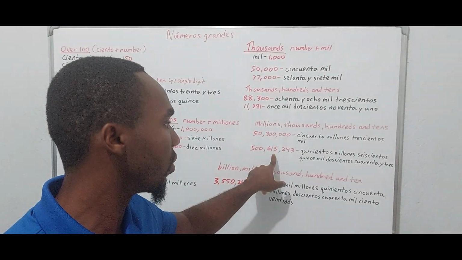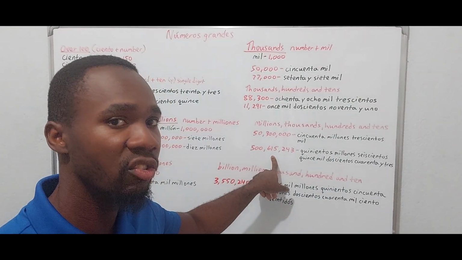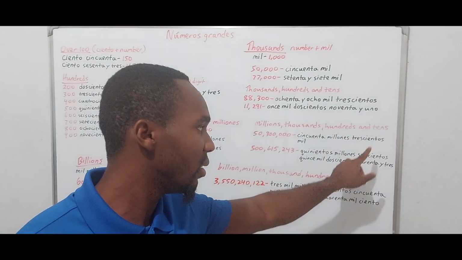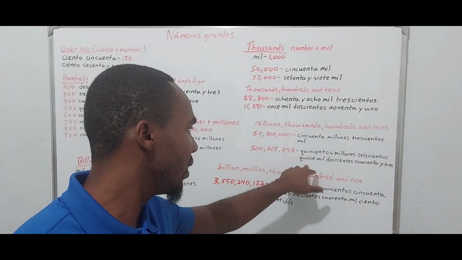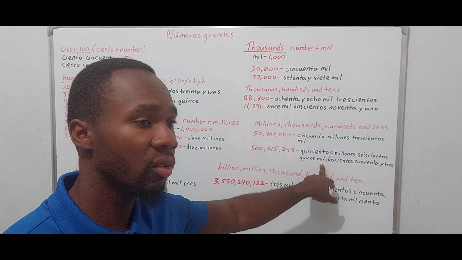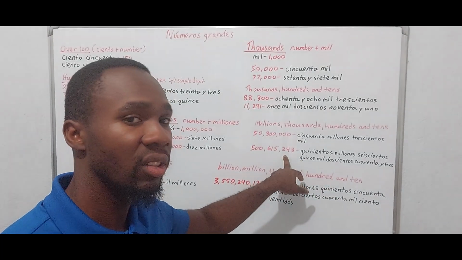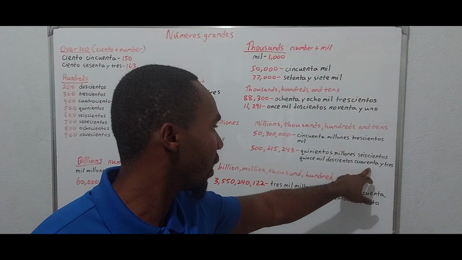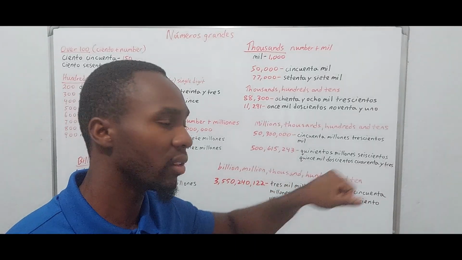Now we have to figure out how to say 615,000, and then 243.